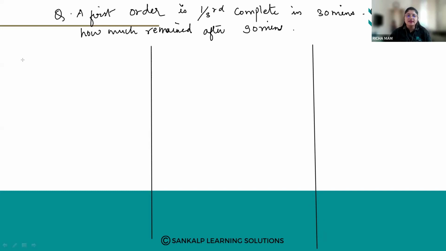Okay, so we know that t of 1 by n is equal to 2.303 by k log of 1 by 1 minus 1 by n. Now here, what have they asked? T of 1/3. First you have to find t of 1/3.